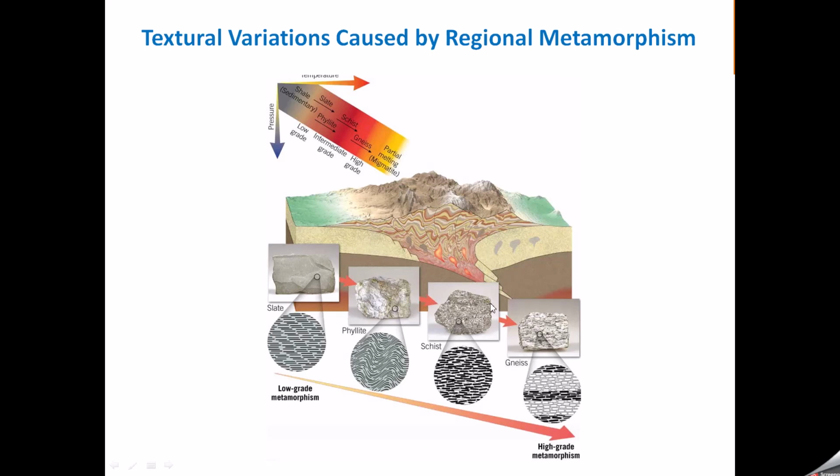So as we come closer to the subduction zone, we'll find a higher grade of metamorphism. So we can tell that we're headed to the zone of high heat and pressure as we follow the change in minerals and texture or foliation in the metamorphic rocks.